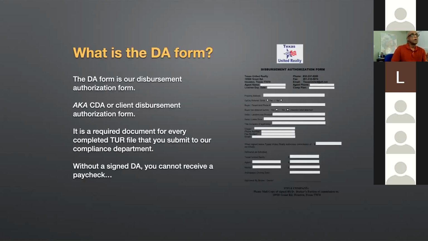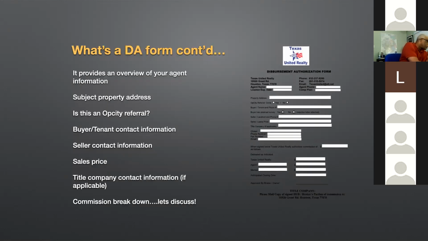All right. So without a signed DA, you cannot receive a paycheck. So it's important that you get these disbursement authorization forms filled out and signed by compliance so that you can get paid on your deals. So just some more information about the DA, what's all in it.